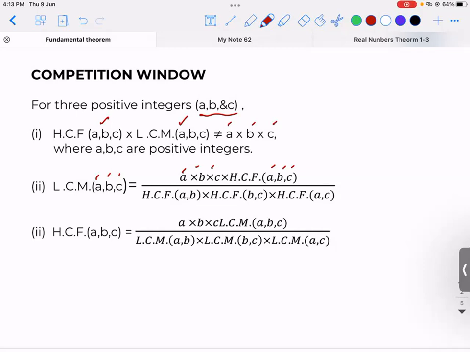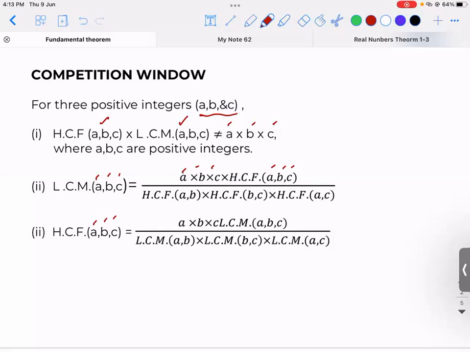Similarly, if you want the highest common factor of A, B, C, suppose there is a problem where they have given you the least common multiple of ABC and AB, BC, and CA. Then how will you find the highest common factor from that? HCF of ABC will be equal to. So what is given in the question? Listen to this carefully.